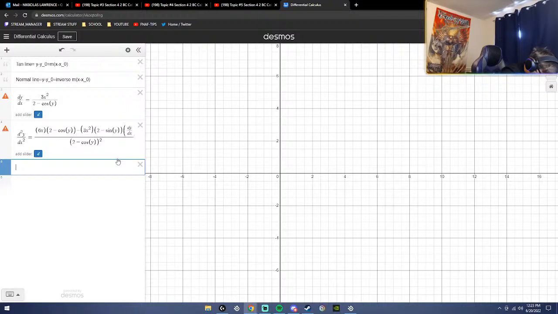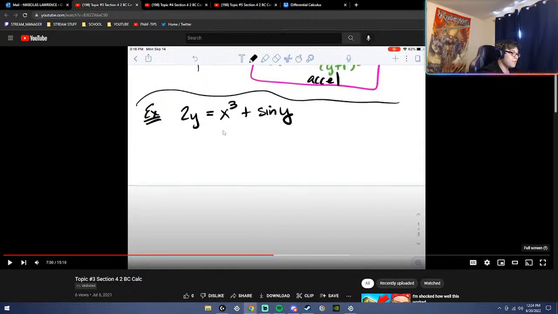Okay, wait, no, put that in parentheses. Minus 3x squared sine of y of dy over dx. I don't want to do this one. This one's mean, I think. Hold up. I don't think I can do this one just because of that.